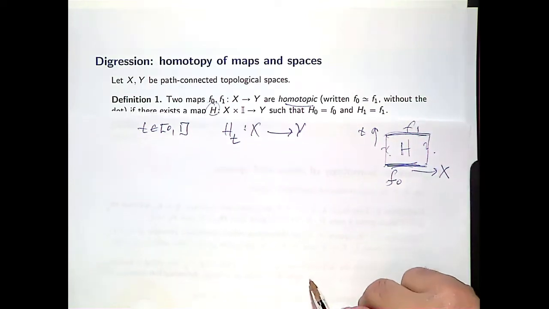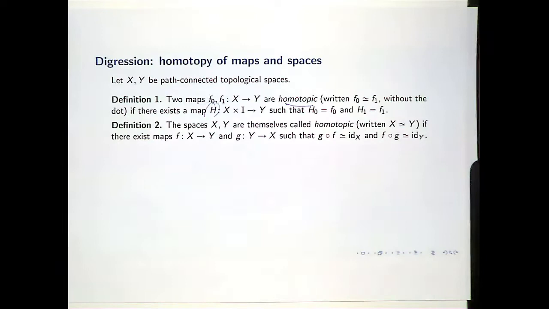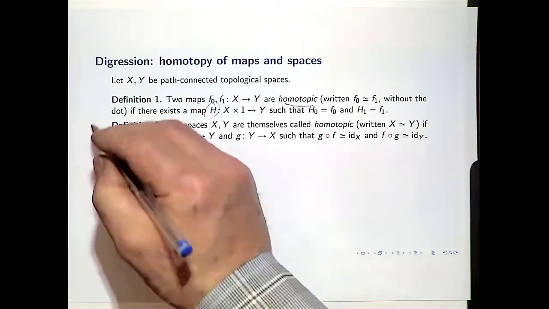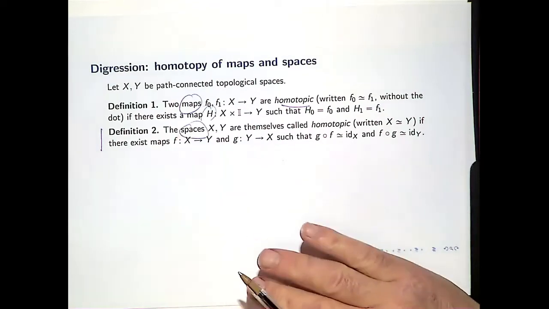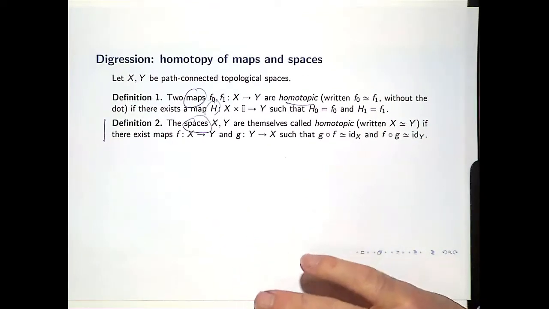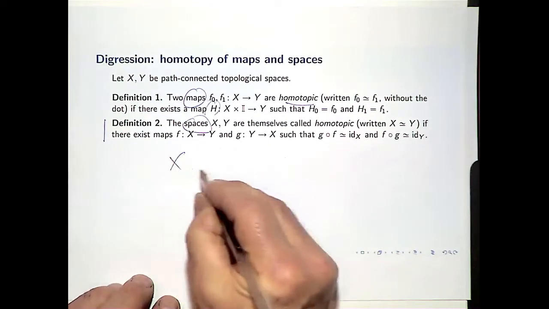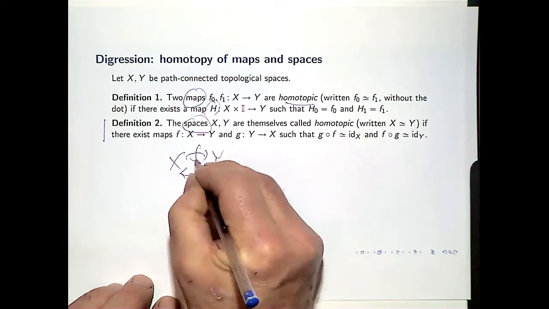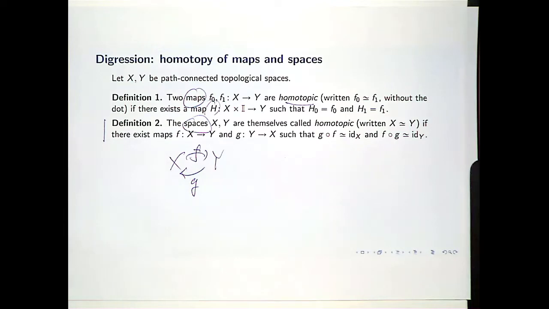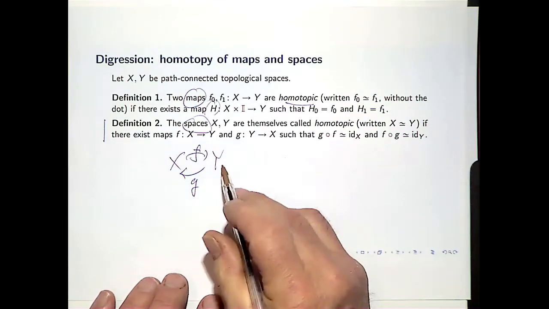And then using that notion, you can say what it means for two spaces to be homotopic. So now these were maps; now we're talking about two topological spaces. They're homotopic if we can find a pair of maps, one going from X to Y and the other going backwards, not necessarily the inverse, because F may not be bijective, that's the point.